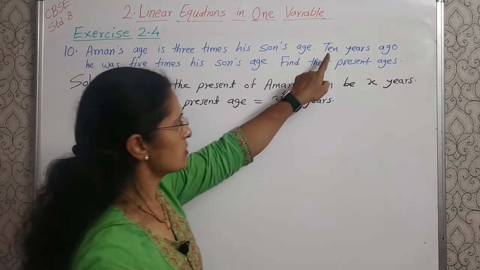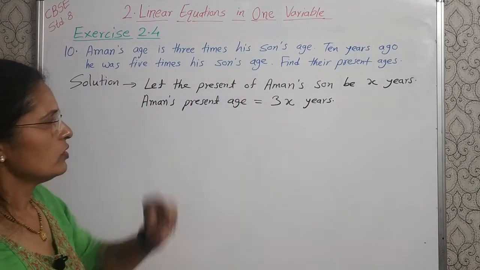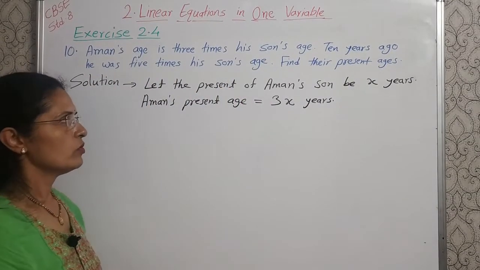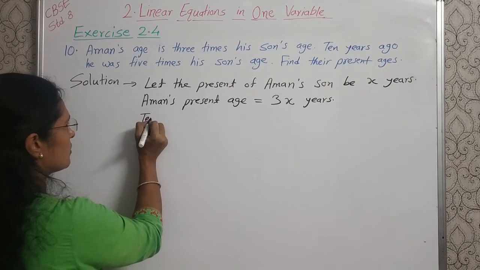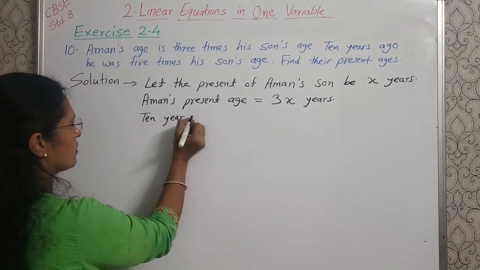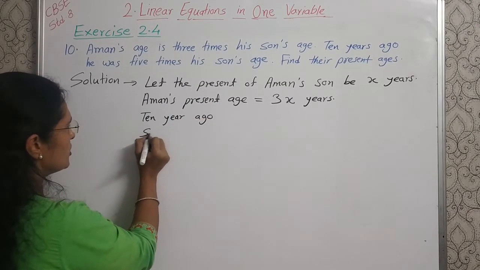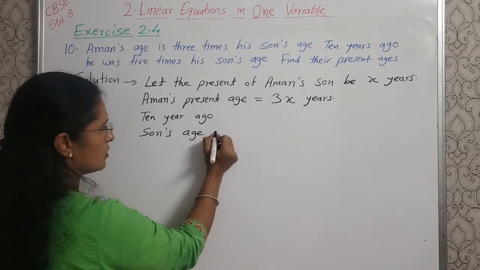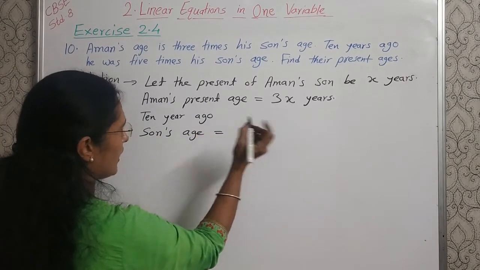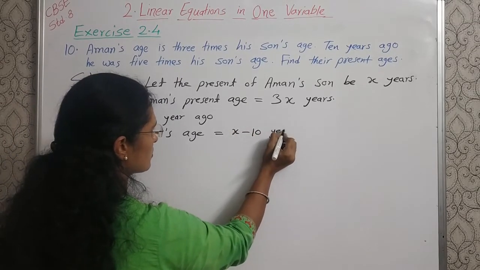Now see the next statement, 10 years ago. So 10 years ago, what would be their ages? Son's age was x minus 10 years.